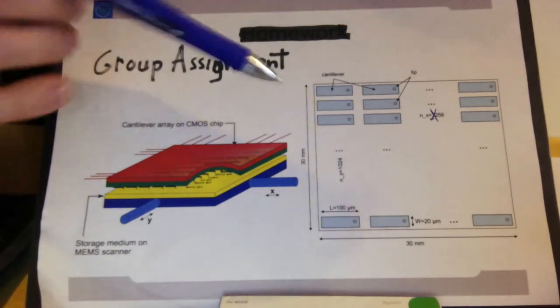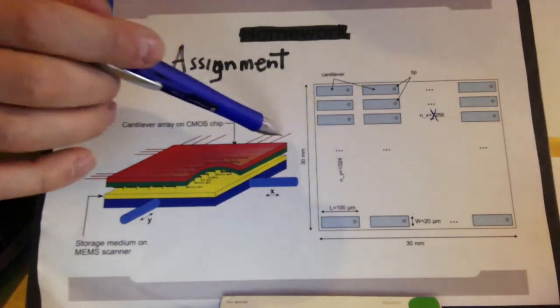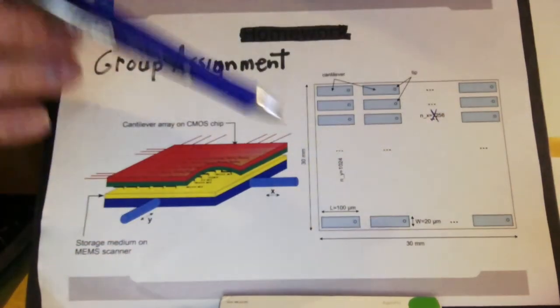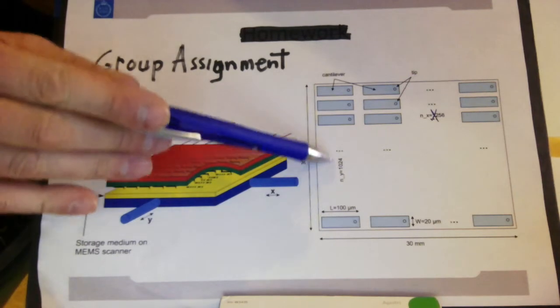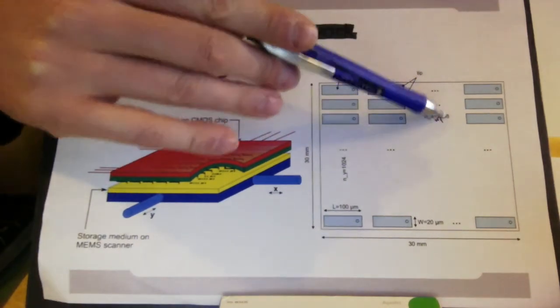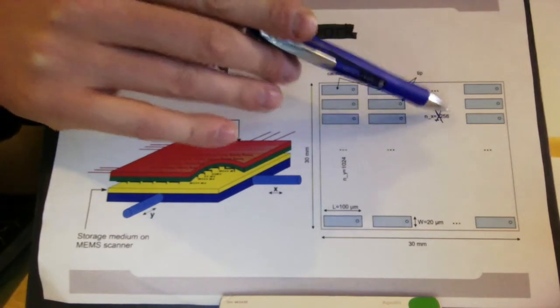And here you see this set of actuators, but here you see it in a top view format. So this consists of 1024 rows of cantilevers and 256 columns. So you see there's a writing mistake here. It's 256 columns.